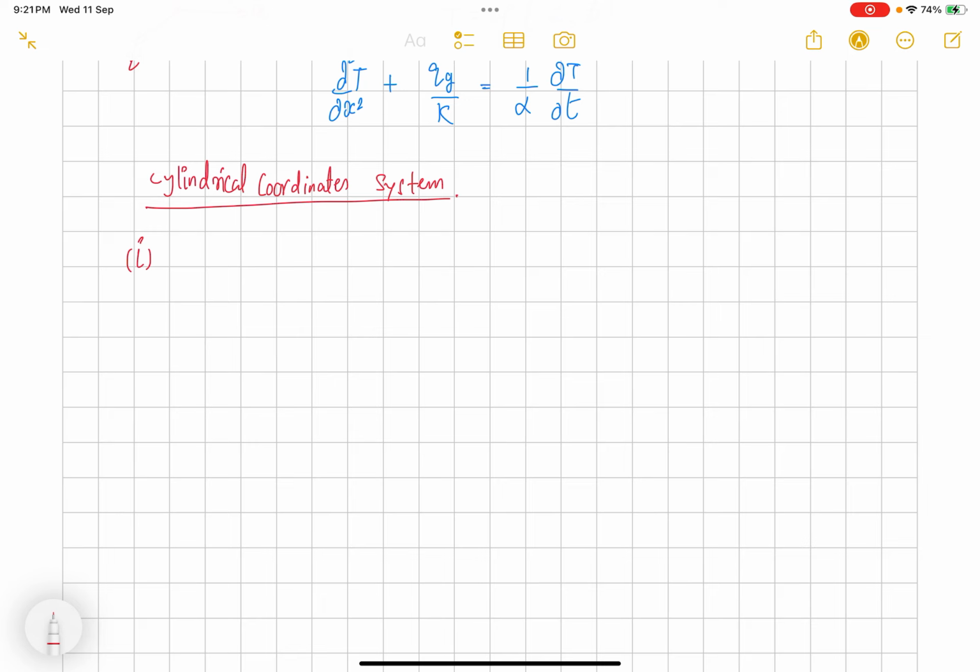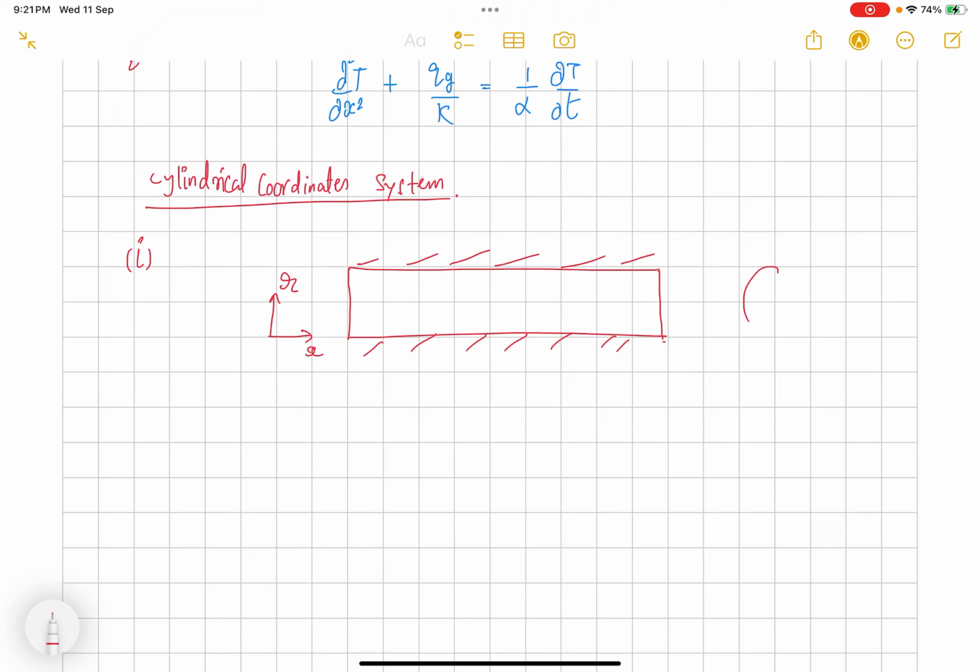Suppose this is a cylinder, this is the side view, and it is insulated from its lateral sides, and this is the r direction, this is the x direction.